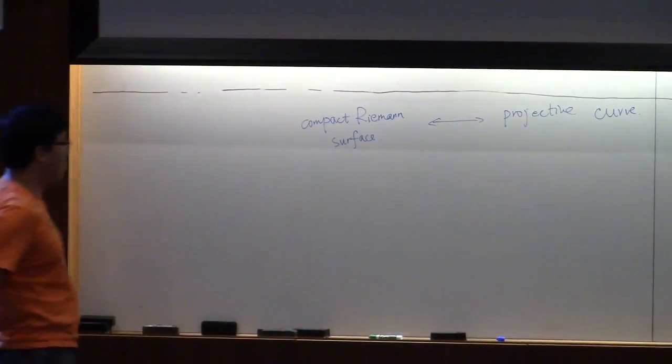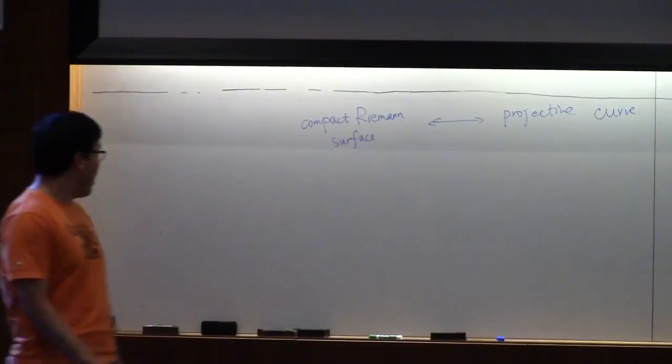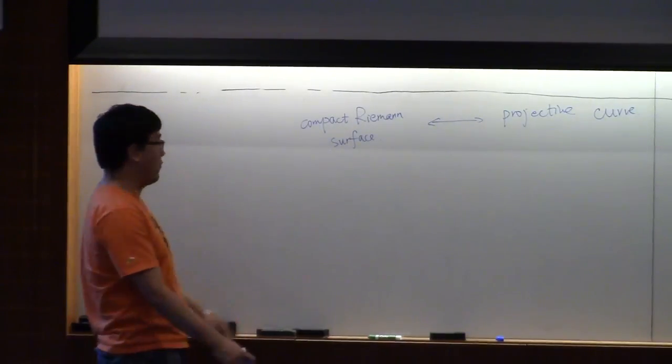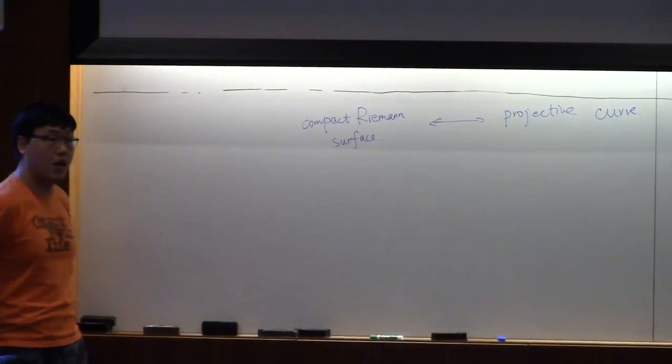And a compact Riemann surface has a very good property, namely the only holomorphic function defined on the whole compact Riemann surface must be the constant function.